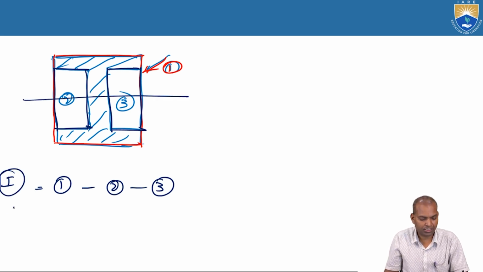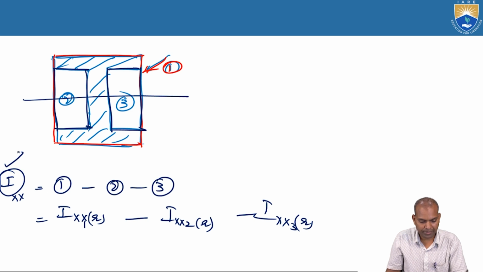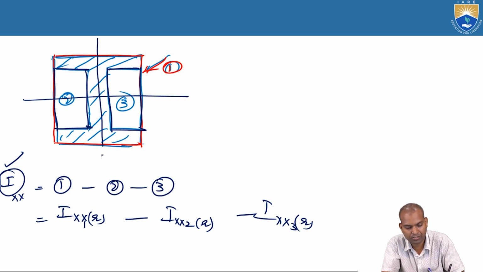For the axis parallel to the x-axis, that means Ixx. What about 1? The 1 is the rectangular section, that is Ixx1 of the rectangle, minus Ixx2, that is the second rectangle, minus Ixx3 of the third rectangle. Thus the total inertia will be obtained. That is one of the methods, the shortest method if you want to do it, because there are 2 lines of symmetry.